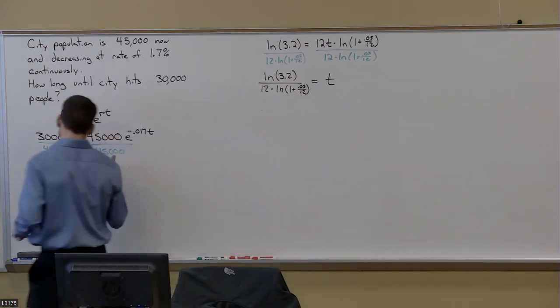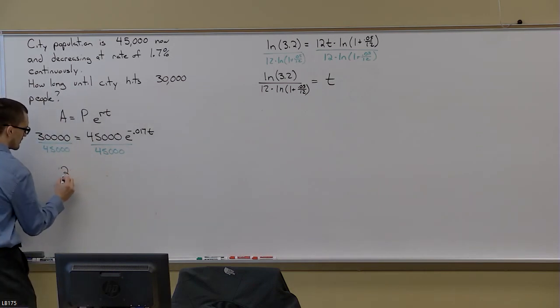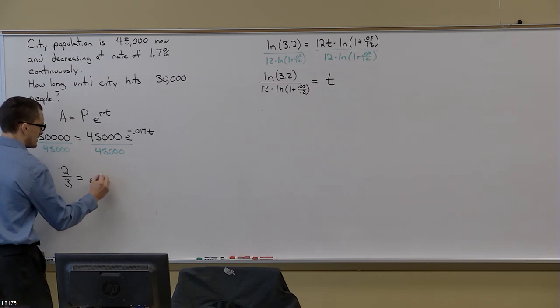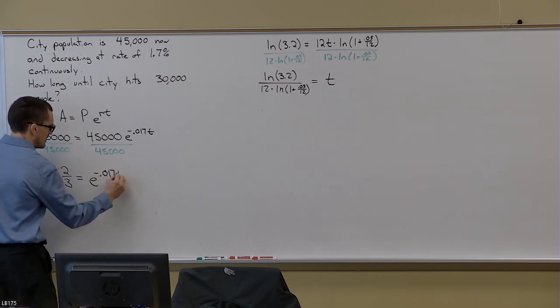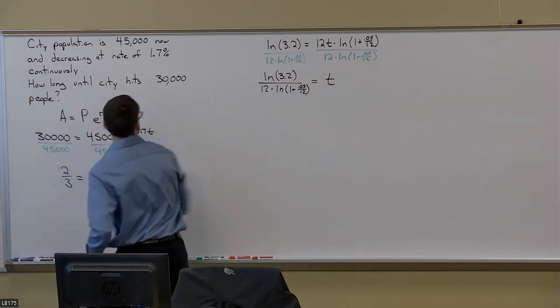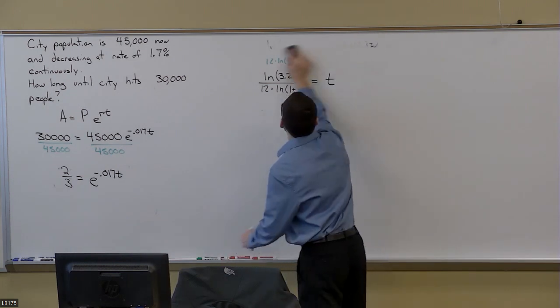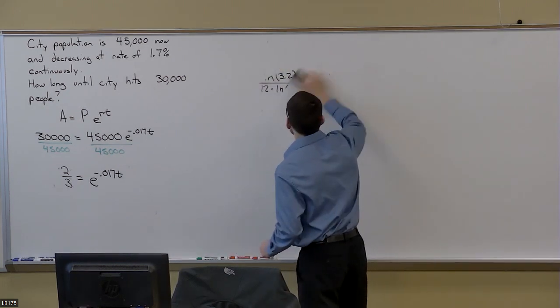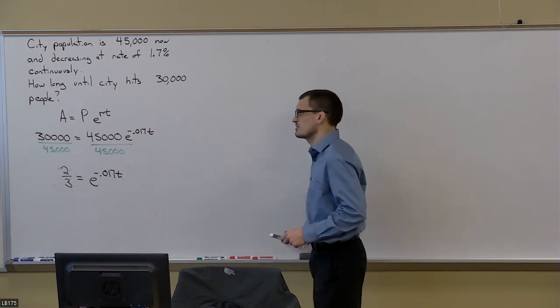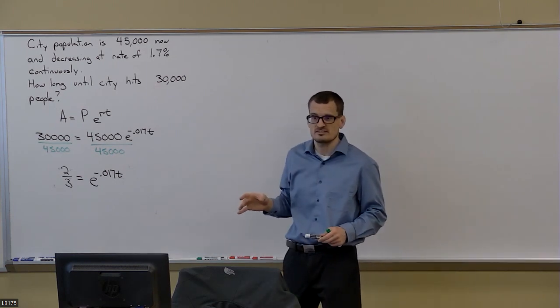Okay. I don't want to round quite yet. Is equal to E to the negative 0.017 T. Now at this point, this one's nice because we have base E. So if I have base E, I can just apply natural log to both sides.